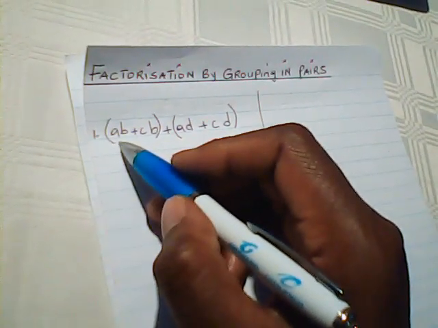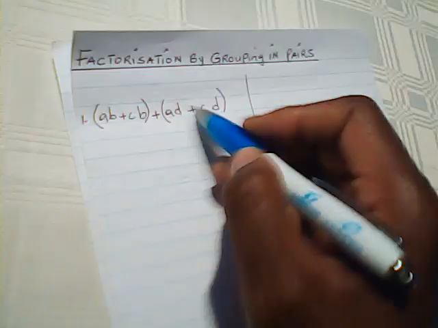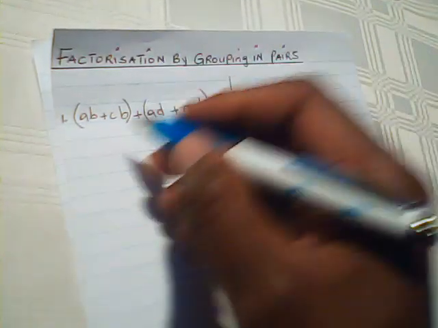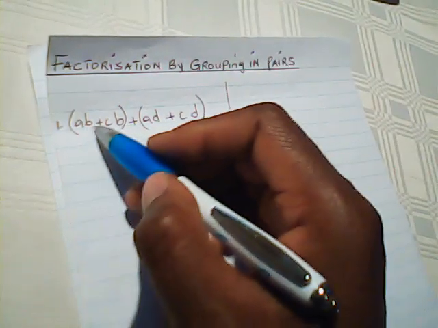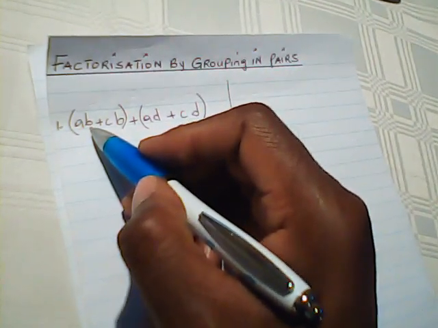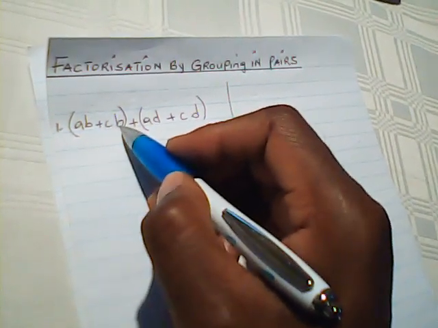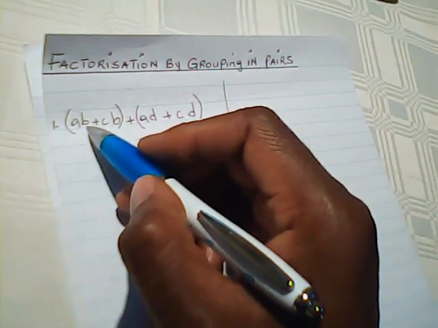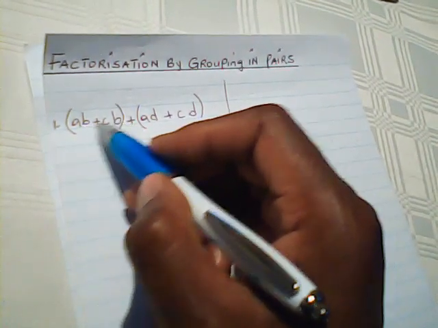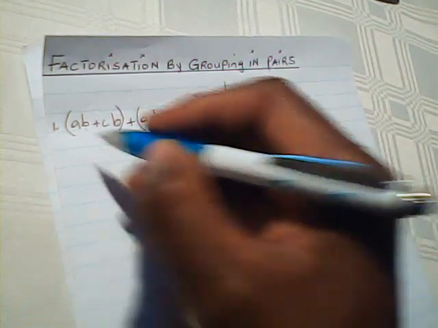Now we are going to take a common factor from each group. So what is common here? Look, we have ab plus cb. You can see that we've got b, which is common. So let's take it out.